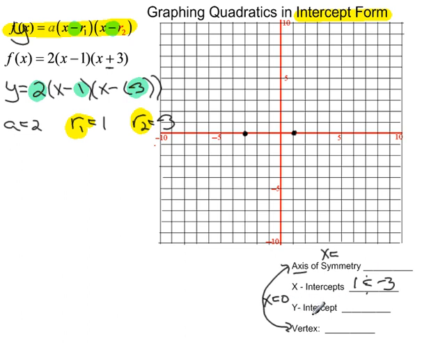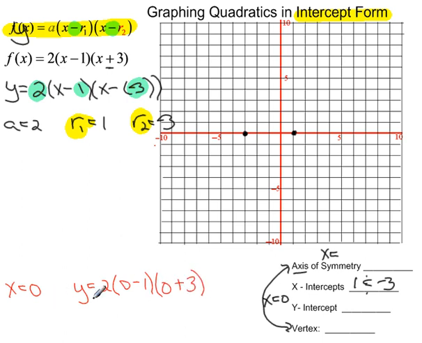I guess the first thing we could do is probably get the y-intercept. It shouldn't be too hard. And I'm going to take a look at that right here. So for the y-intercept, we talk about x equals 0. Well, if x equals 0, y will be 2 times the quantity of 0 minus 1 times the quantity of 0 plus 3.